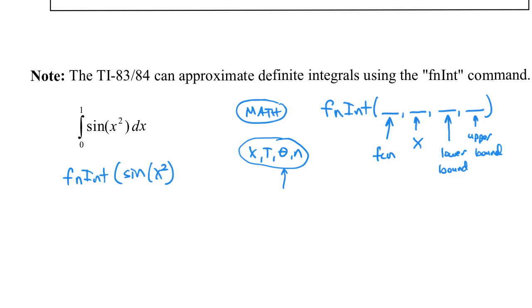So the comma key is above the 7 key. Put a comma, then I put the x, and to get the x, again, I can just press that. And then we need a comma. And then we need the lower bound, which is 0, the upper bound, which is 1, with a comma in between.